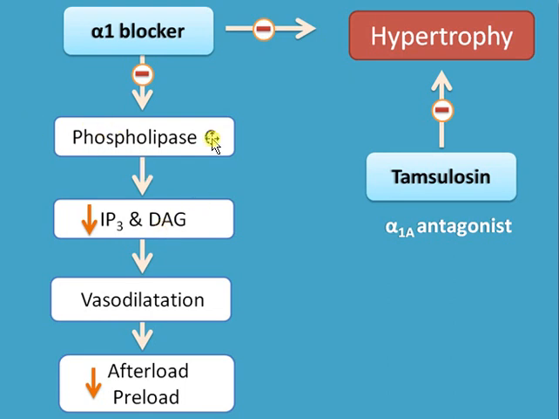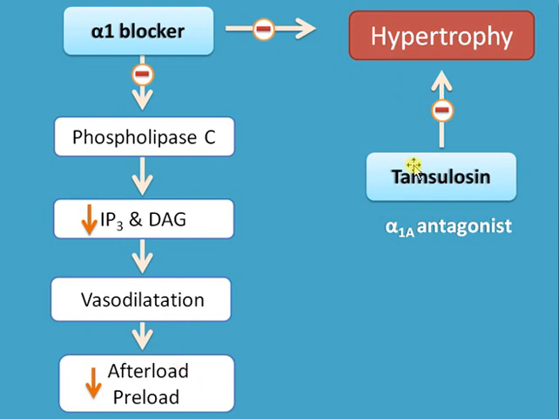If phospholipase C activation is inhibited, this IP3 DAG pathway is inhibited, vasoconstriction will not occur, and it will produce vasodilation. Due to that, afterload as well as preload are reduced, and there is a reduction in blood pressure.